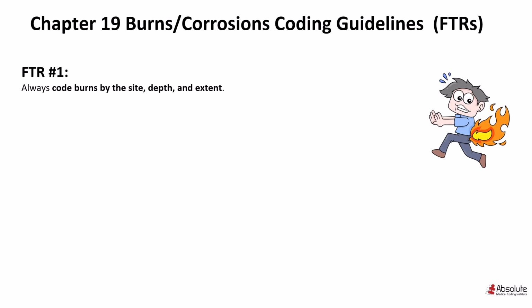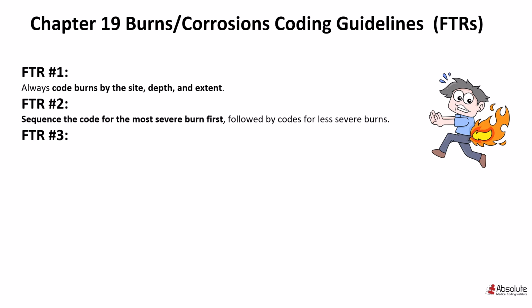FTR number 1. Always code burns by the site, that's the location on the body, the depth, and the extent. We'll talk about what those are a little later as we're solving these scenarios. Number 2, sequence the most severe. Third degree is the most severe. Number 3, don't code multiple burns at the same anatomical site separately.